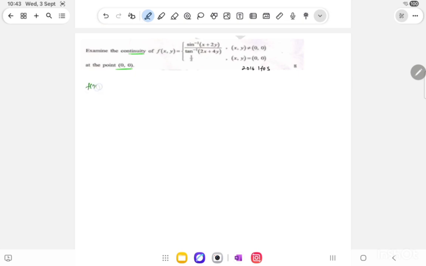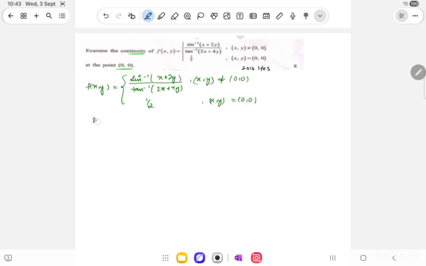The function f(x, y) is given as sin inverse of (x + 2y) upon tan inverse of (2x + 4y) when x and y are not both 0 simultaneously, and 1/2 when (x, y) is equal to (0, 0).